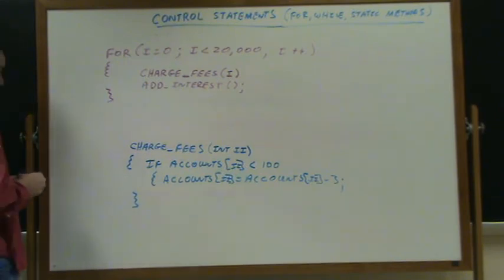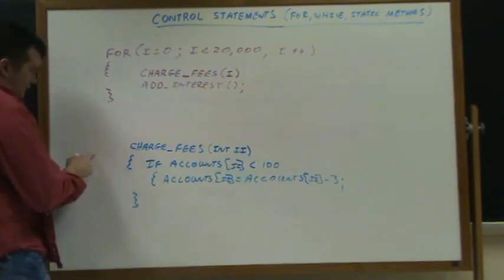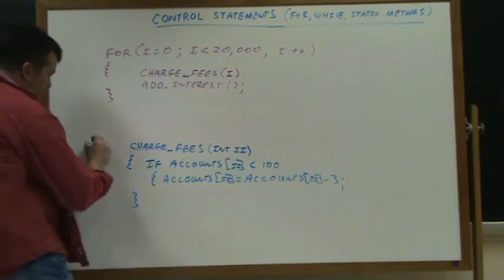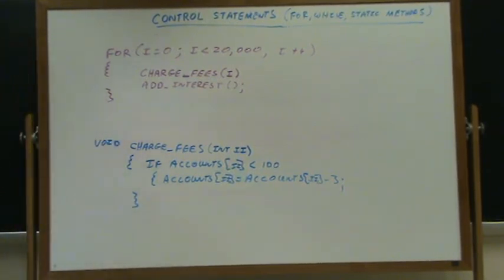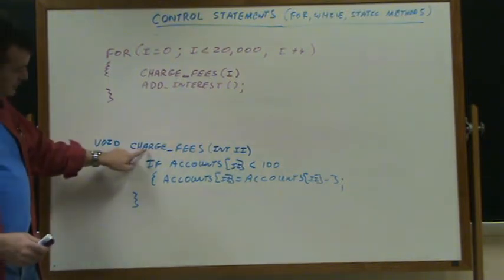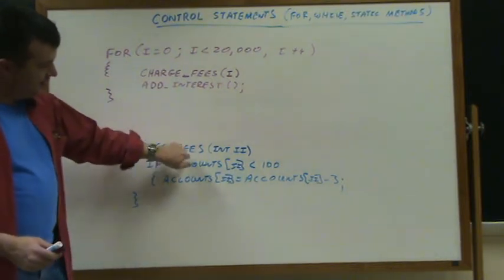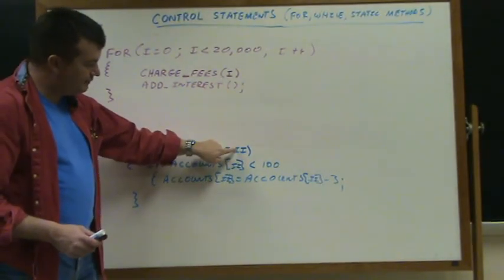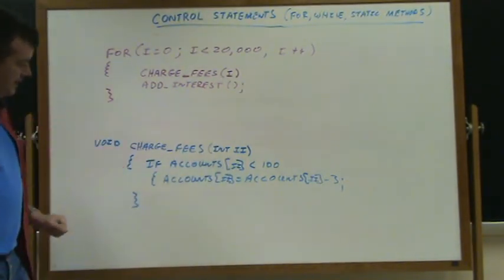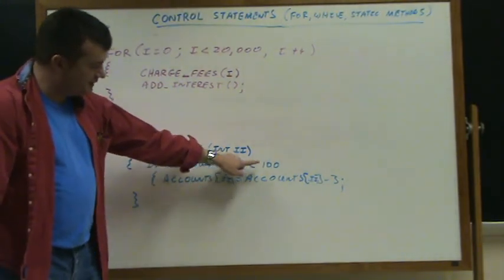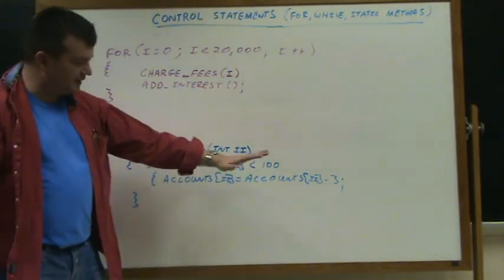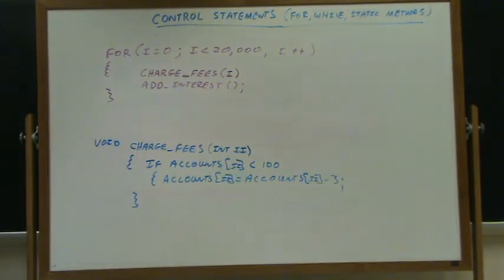So we want to say right here what we're returning, and they use the word void to mean we're returning nothing. So this method is saying its name is charge fees. It takes in a parameter we're calling II, and then if accounts II is less than 100, then accounts II equals accounts II minus 3. We'll subtract $3 from them.